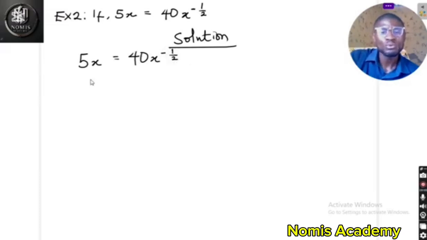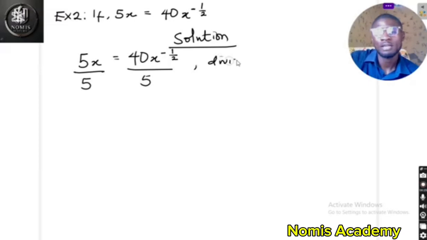So what do I do? First, let me collect like terms. Like this, x should be at one side and the numbers should be at the other side. If that will be the case, I will need to divide both sides by 5 first.